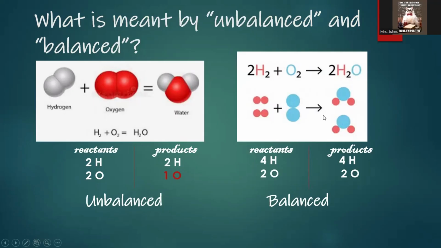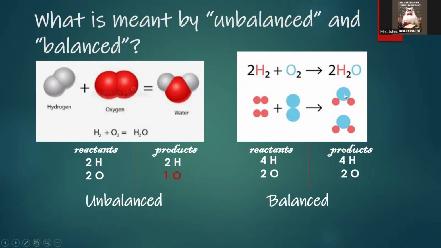Now, to see a balanced equation, we have to adjust the coefficients. We cannot adjust the subscripts, just the coefficients. We know that there was only one oxygen and one of them disappeared, so we need to have two over here.